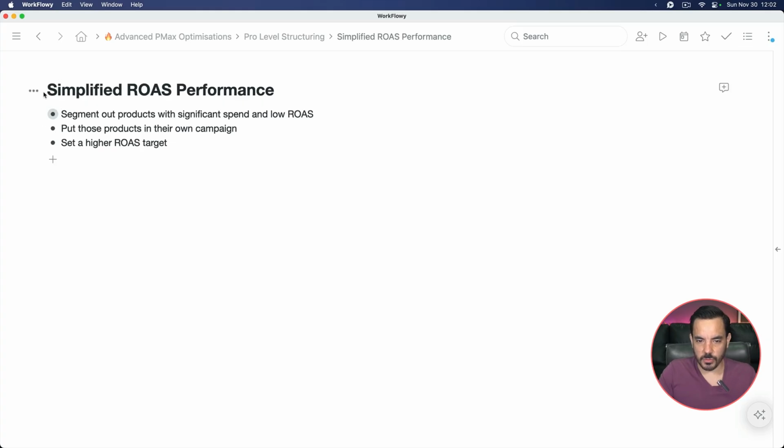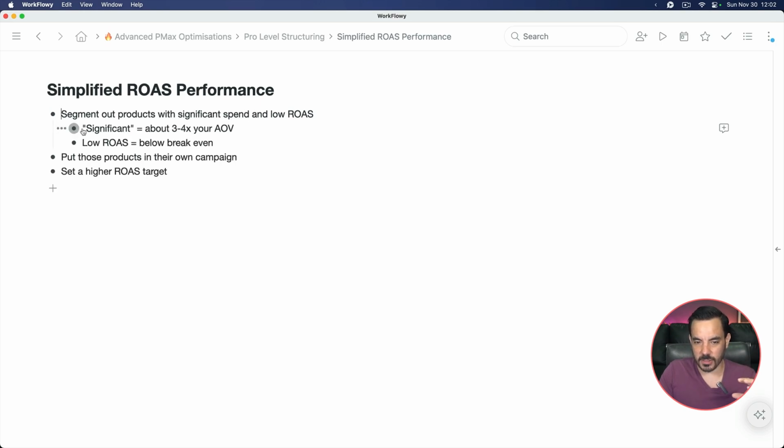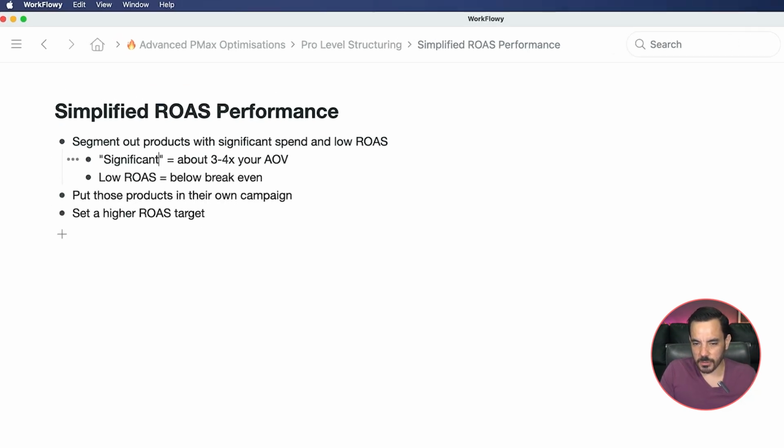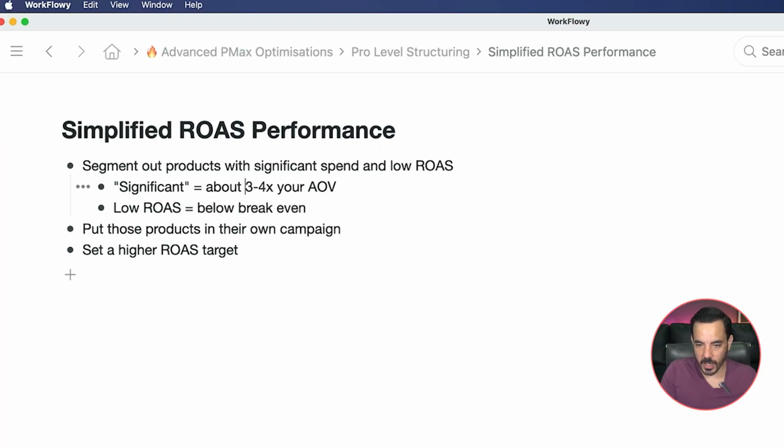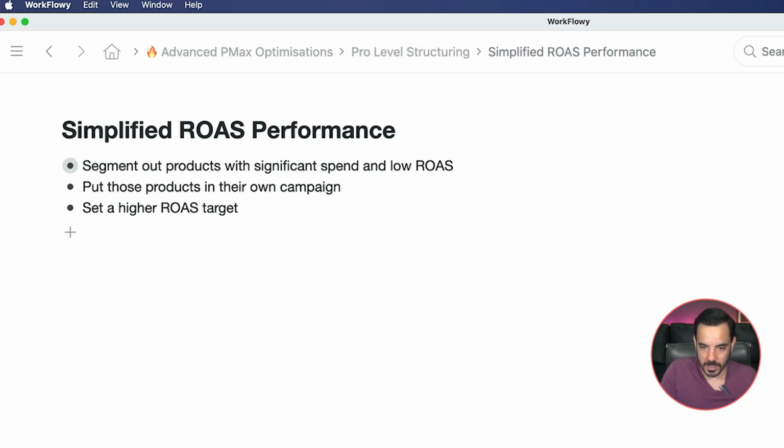What you want to do is look for products that have significant spend and low ROAS. By significant spend, you could think maybe 3 to 4x your AOV. Look for things spending that much but without a good ROAS, and look for products below break-even. Then you put those products into their own campaign and set a higher ROAS target.